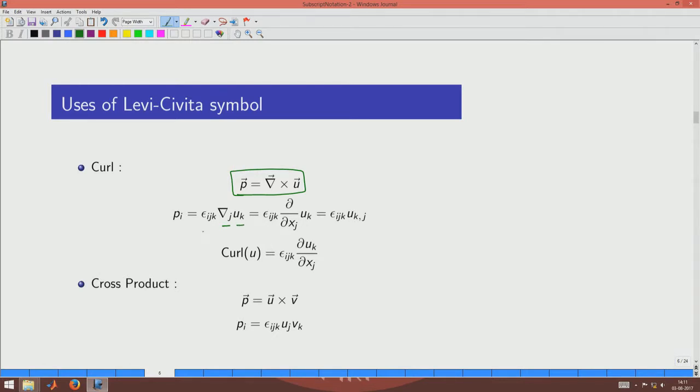So, we write the subscripts for epsilon in such a way that the second one corresponds to that of the nabla operator or the del operator, and the third index corresponds to the vector. So, here I would illustrate it like this, epsilon i, j, k, and then you have got del j and then u k. It is very important to get this right. So, this is how it goes.